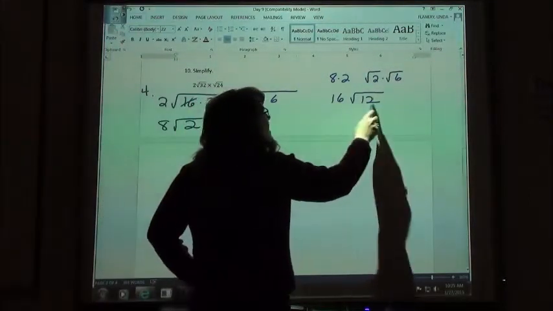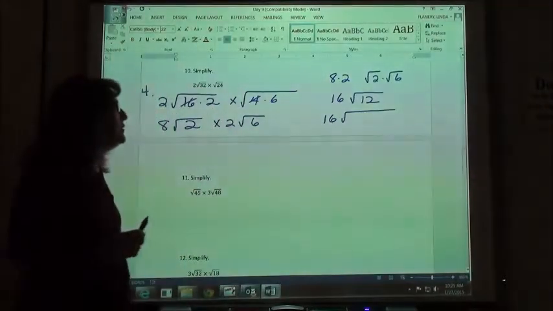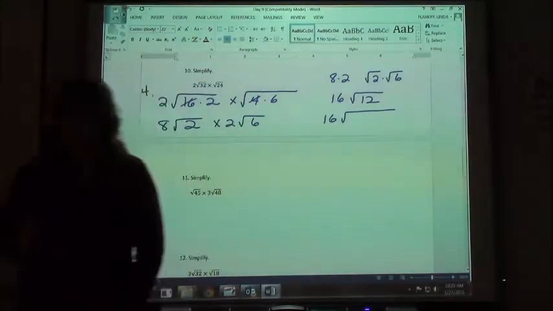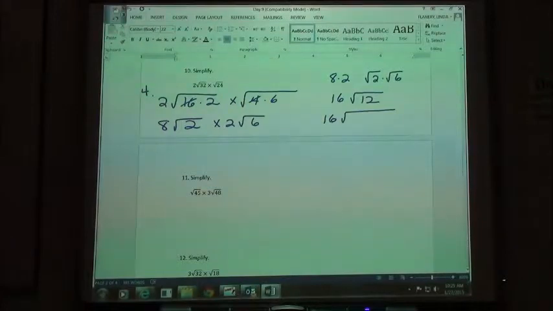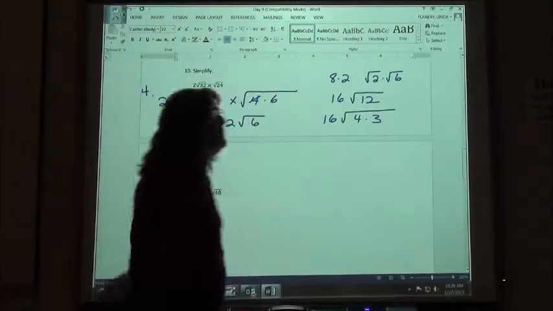So if I have 16 square root of 12, 12 can be factored into our perfect square that goes into 12, or 4 and 3, right? 4 is our perfect square. 4 times 3 is 12.